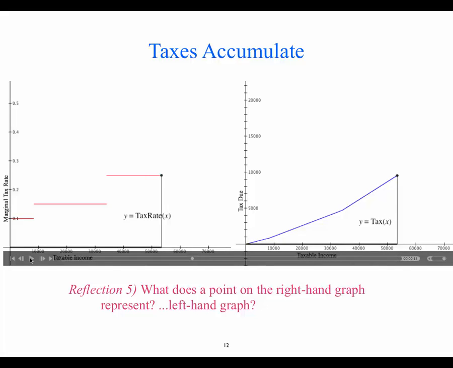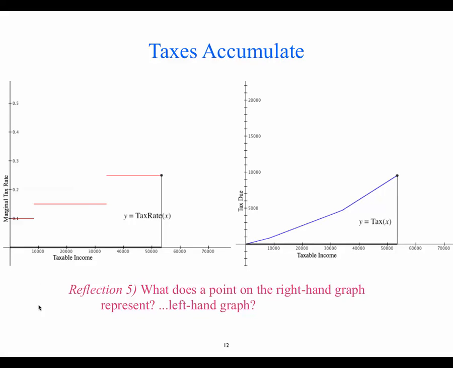Yeah, well said. A point on a graph represents two values taken simultaneously. In this case, taxable income taken with tax due. Okay, so what does a point on the left-hand graph represent?